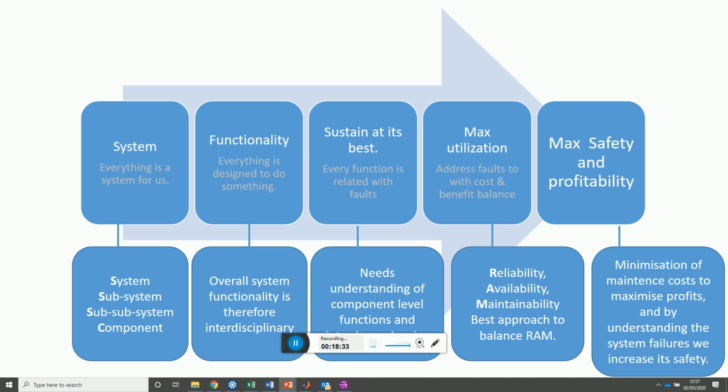So that's the kind of horizontal outlook for the concept behind maintenance engineering. Why would I even bother looking into maintenance engineering? What's the ideology behind it?